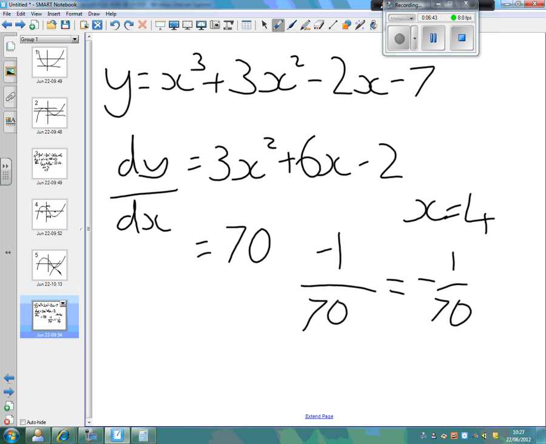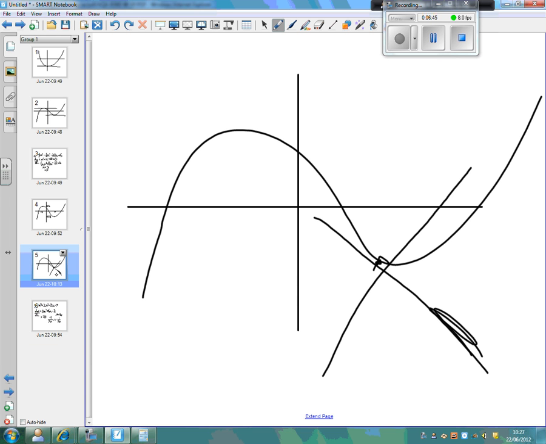So that means that if this tangent here had a gradient of 70, this normal line here would have a gradient of minus 1 over 70. So that's how to work out the normal. The normal is perpendicular to the tangent, and to work it out you do minus 1 over the gradient of the tangent, and that will give you the gradient of the normal.